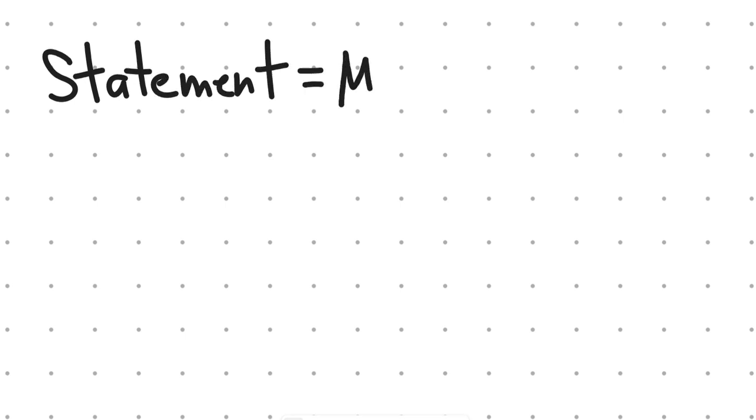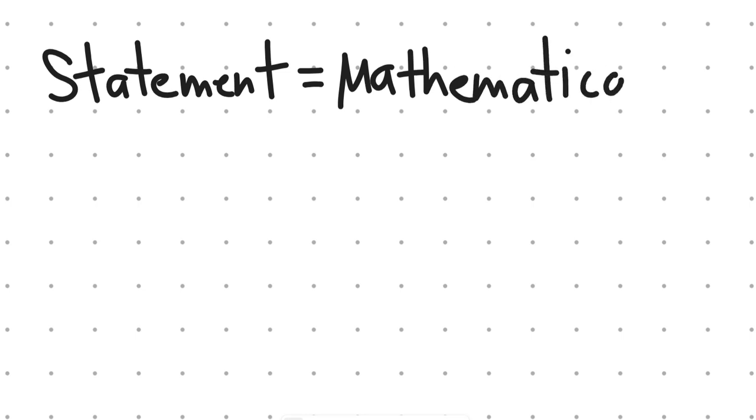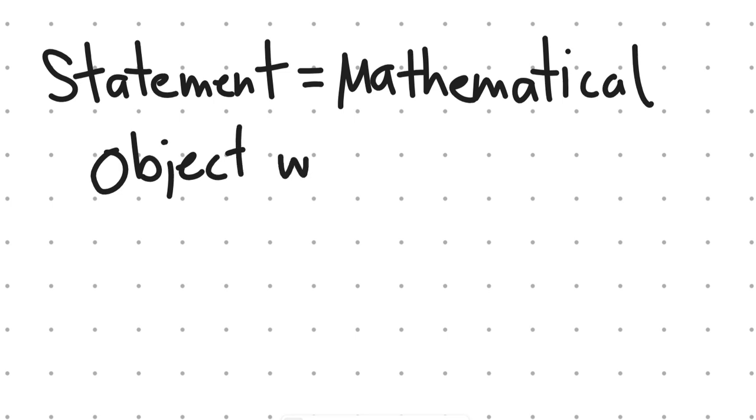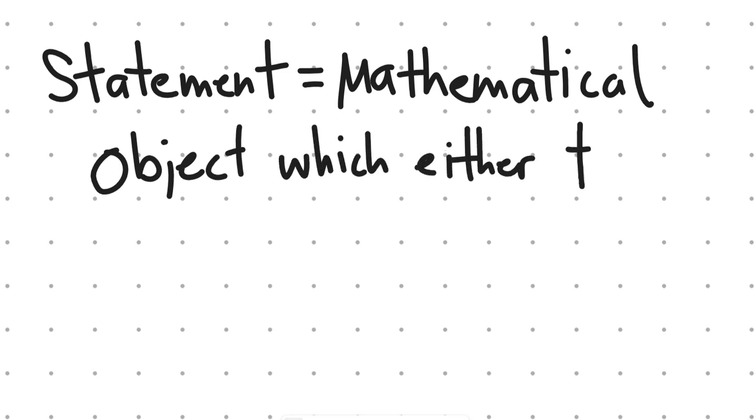statement is like. A mathematical statement is a mathematical object which is either true or false.